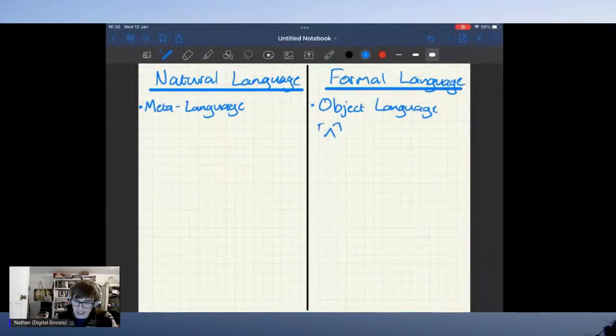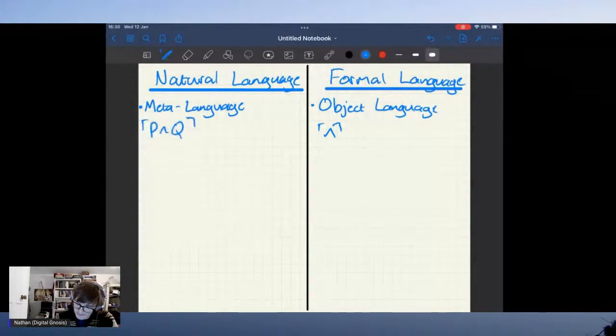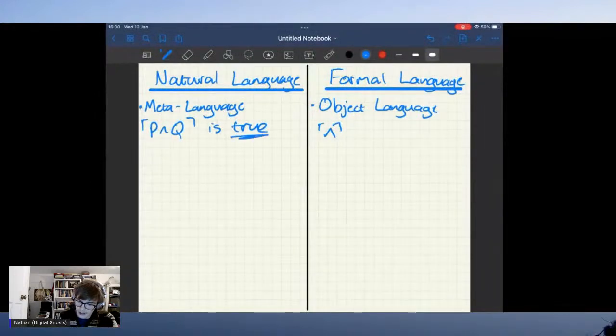Now, you're probably not familiar with that already if you're just coming to this to learn logic for the first time. However, we're going to define what that means, and the way we're going to do that is we can say, well, when we have two things like this, we can say that "P and Q" is true. And notice that we're using "true" in the sense of natural language, and "and" in the sense of natural language, if and only if.